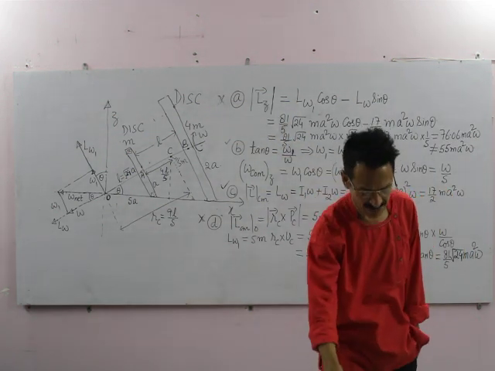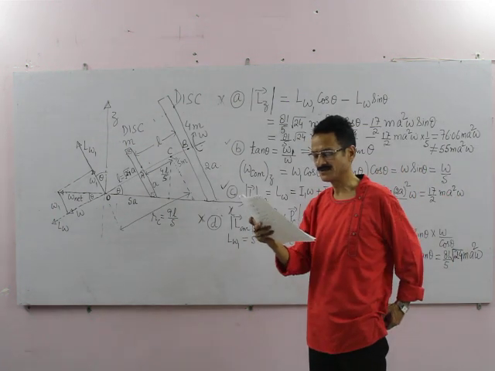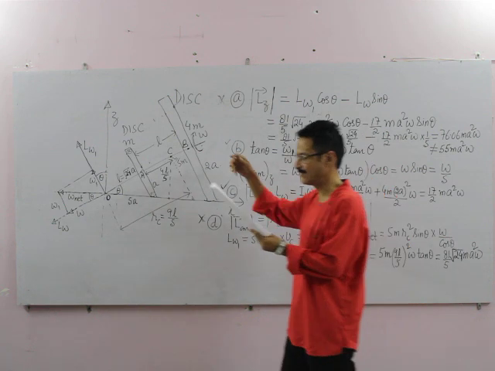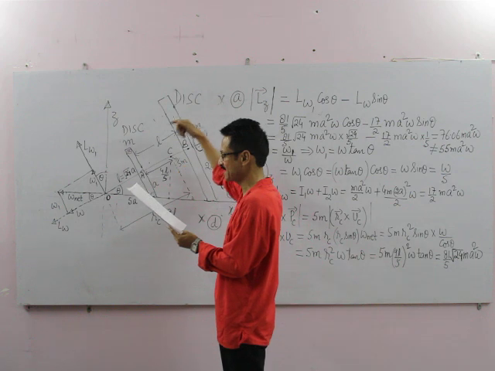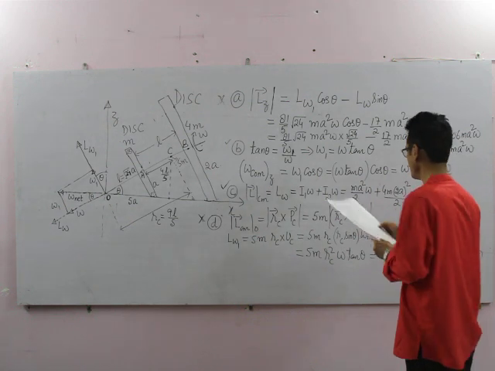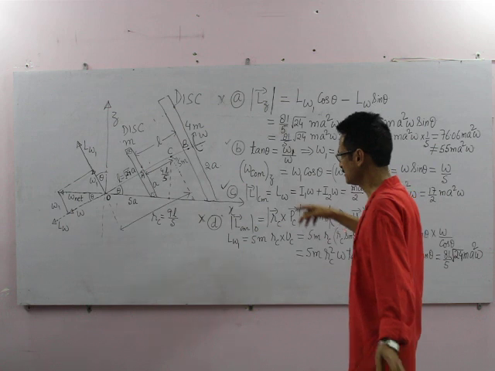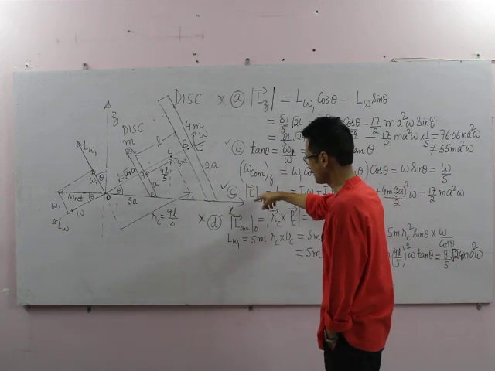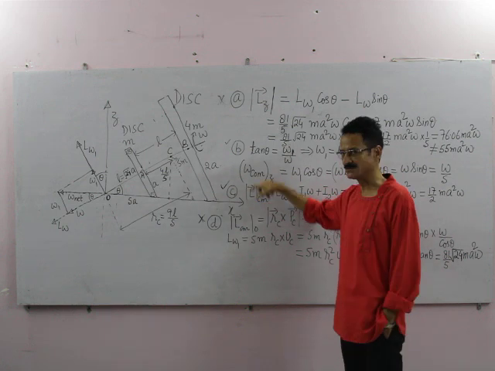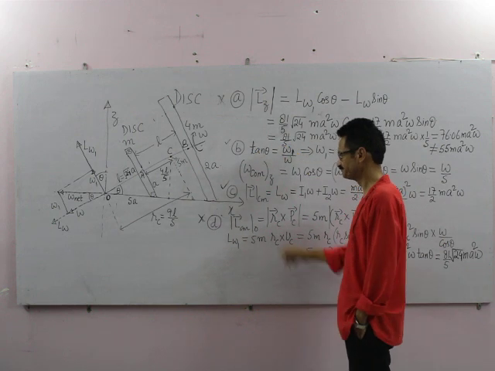Now let us analyze the other options. This option says that the magnitude of the angular momentum of the assembly about its center of mass is 17 ma square omega by 2. So let's analyze this one. This is the angular momentum of the assembly, and this is the modulus notation.